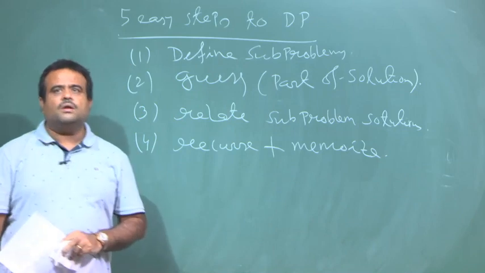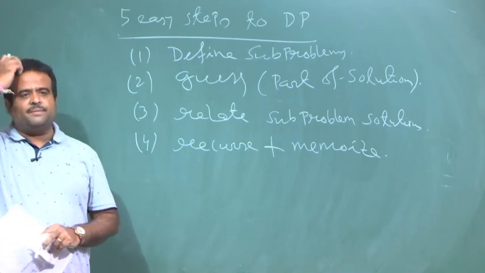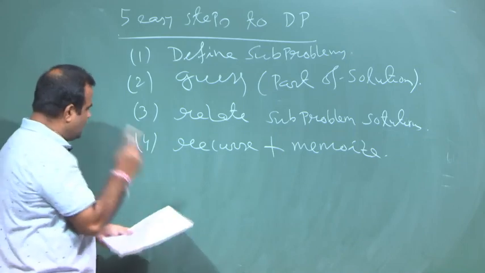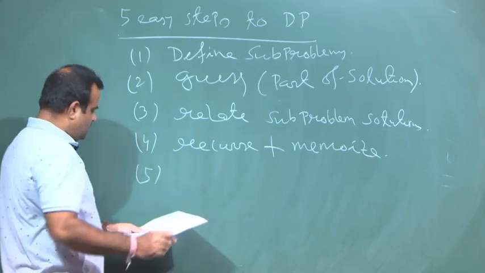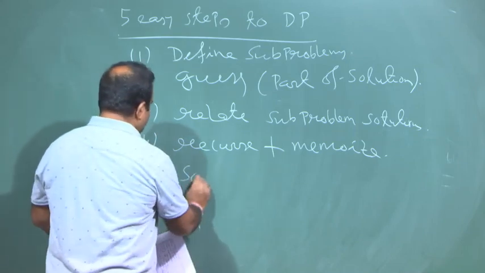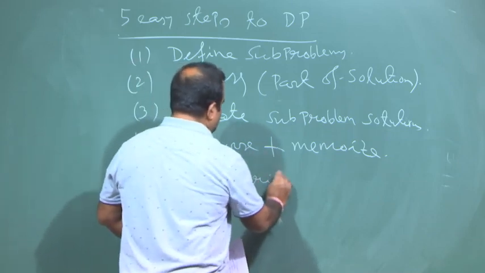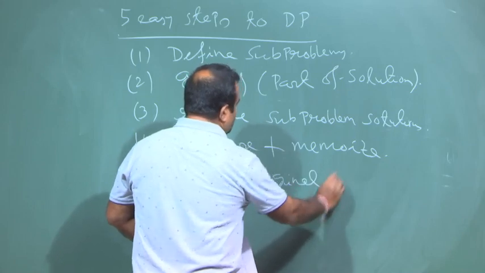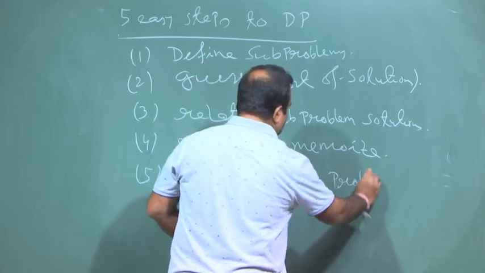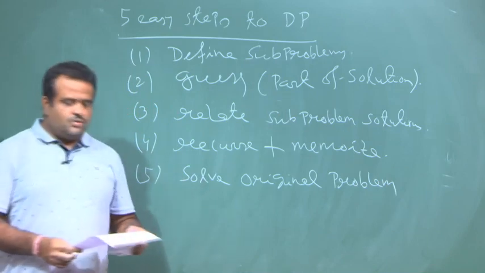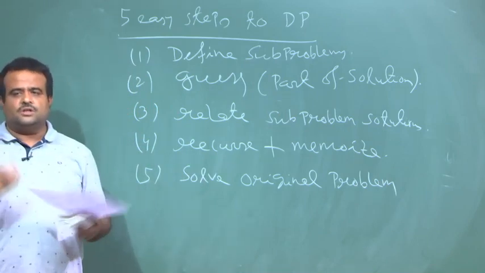Or instead of the memoized version we can have a bottom up version, so that also can be done. Then we solve the original problem, which is a combination of the solutions of the sub problems.